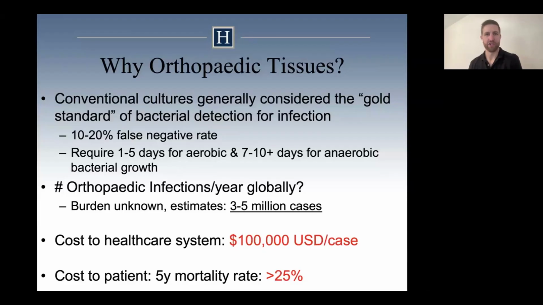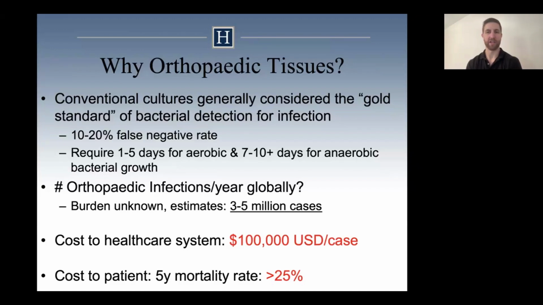While it's not officially known or documented extremely accurately around the globe, recent estimates say that we have 3 to 5 million cases per year. And the cost to a healthcare system for one infection case is upwards of $100,000 per case.